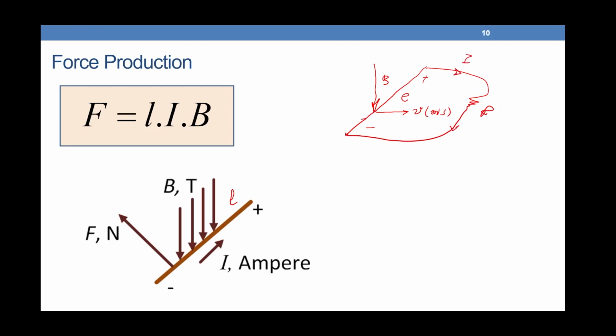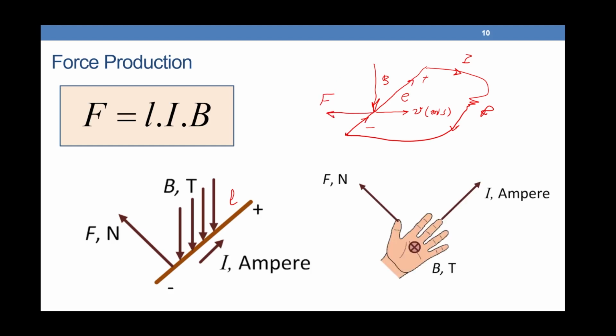So the current is going from the bottom of the conductor to the top of the conductor, so definitely there will be a force in this direction. And in this case, the force follows the Fleming left hand rule. So if we apply the flux to our palm, as we can see here, and our fingers point to the current direction, we have a force in our thumb direction.